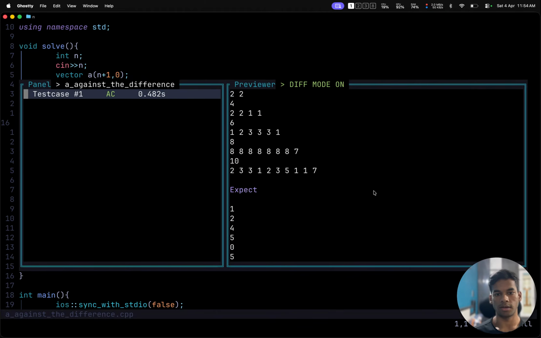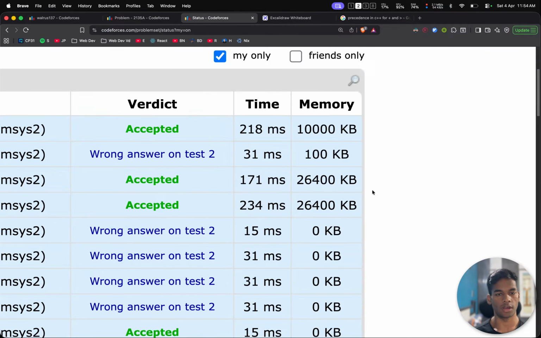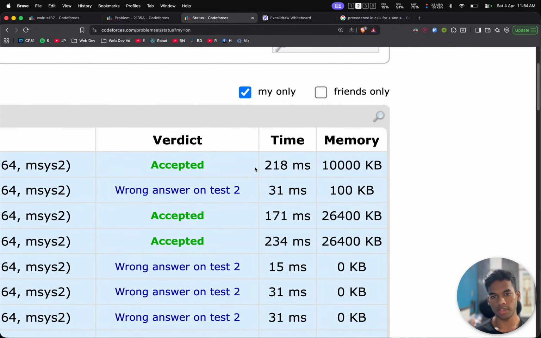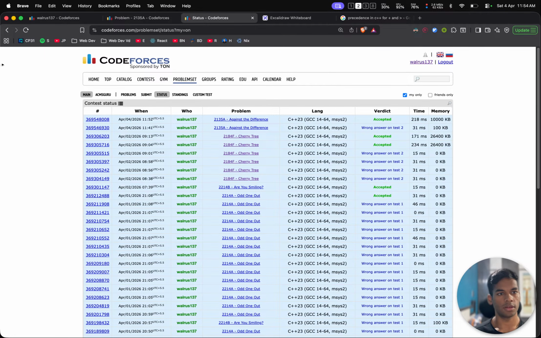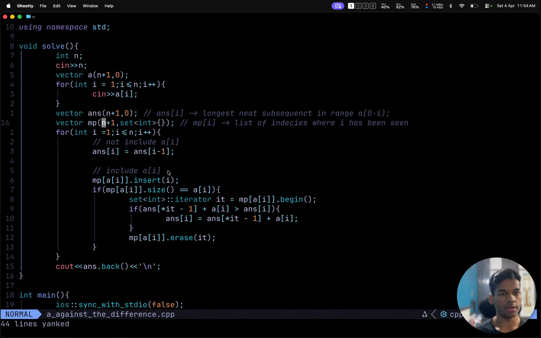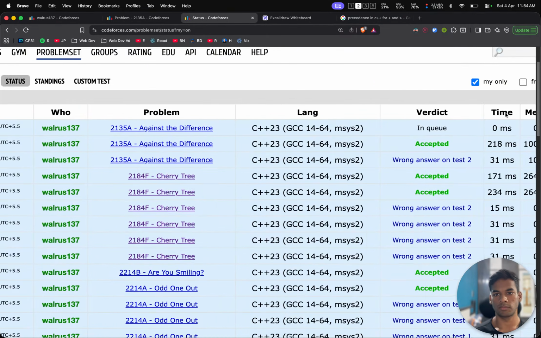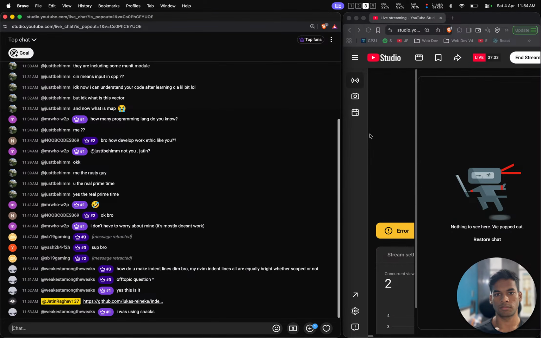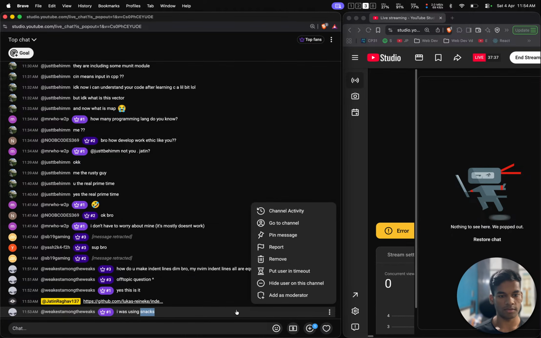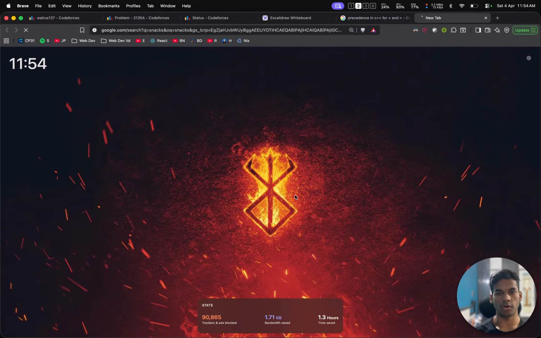Yep, it does work. Let's see how much time, or time is fine, but this is taking a lot of memory. Let's see if by using a vector we fix some memory issues. Snacks, shit. You can increase your cholesterol, I think.